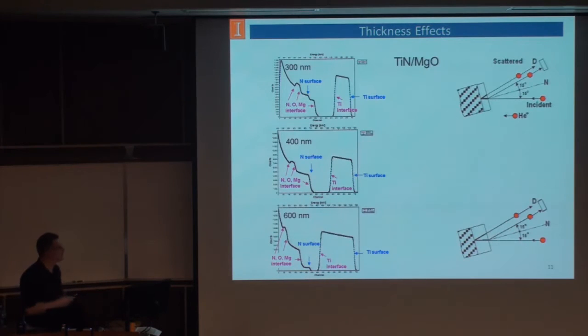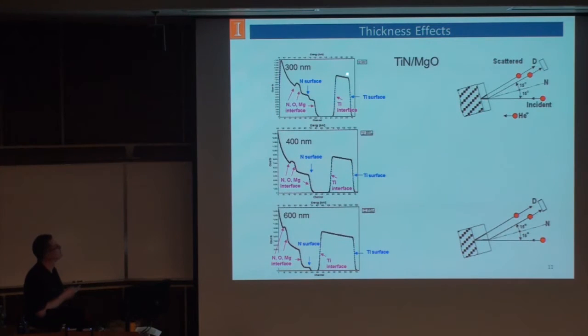So, thickness effects. As I was mentioning a little bit earlier, with thickness, you have a starting surface. So this is a titanium nitride thin film on MgO, simulation of that at various thicknesses. The top one is 300 nanometers, 400 nanometers, 600 nanometers. So when I'm fitting this, I'm looking at the starting surface of the titanium and the nitrogen, where those pick up.